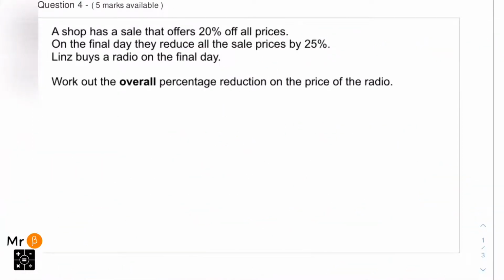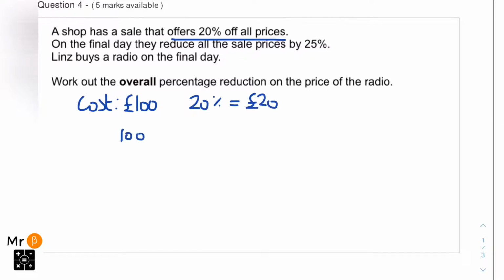So let's say that the original price of the radio cost £100. Okay, I've made that up, but I've used 100 because it's going to be a nice number to start with. It tells us that it has 20% off that price. Well, 20% of 100 is £20. So therefore, after the original sale, our cost of our radio is £80.